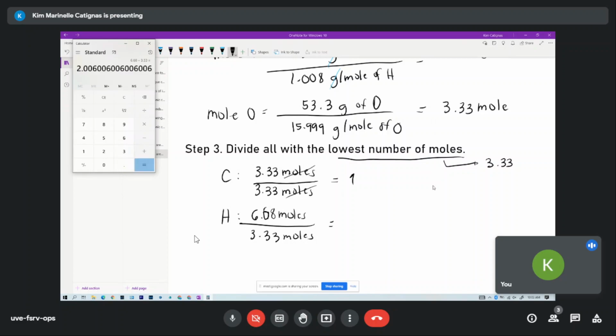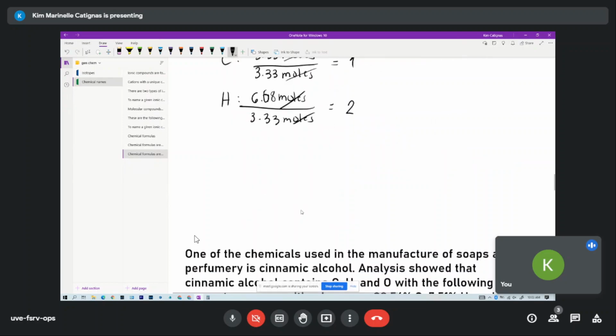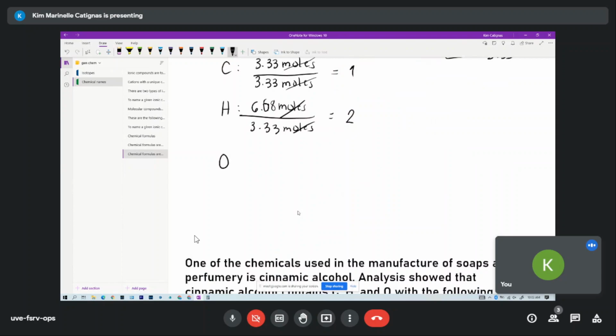Okay, so 2 moles. I-round na lang, 2 na lang siya kasi mawawala yung mole sa unit niya. Okay, so for oxygen, we have 3.33 divided by 3.33 moles, and that would be equal to 1.